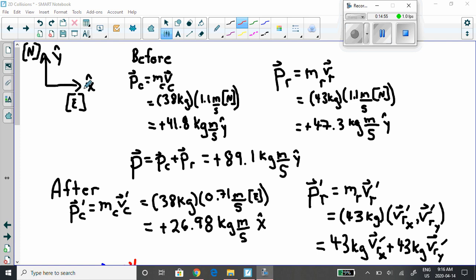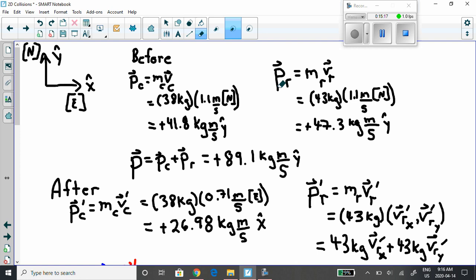So let's establish a few things here. East is x hat, north is y hat. Let's find the momentum before the child starts to walk. So the child has a certain mass and is moving with this velocity. So here's the momentum of the child before the child starts to walk. It's all in the y hat.